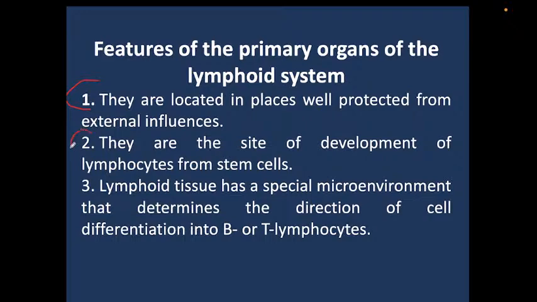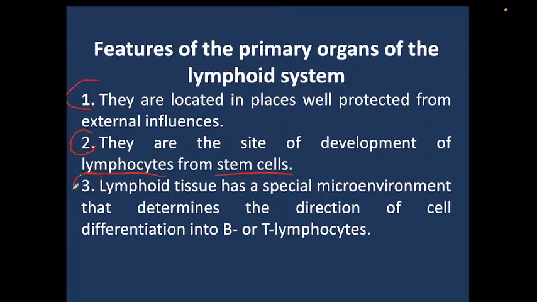The second characteristic is that the primary organs are the site of the development of lymphocytes. It means these two organs, red bone marrow and thymus, produce lymphocytes. This is a place which contains special cells. We call them stem cells.